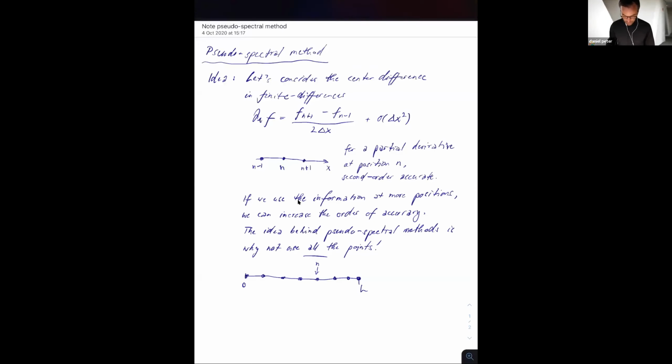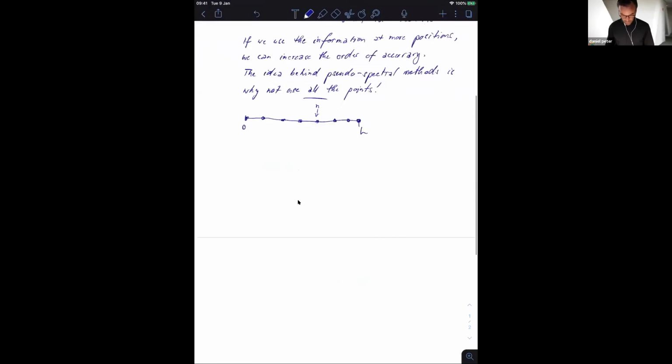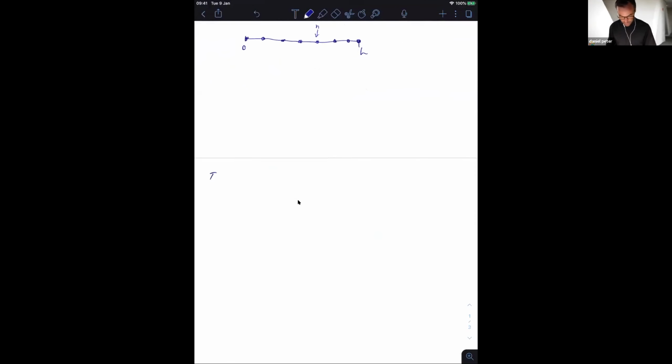Let me quickly remind you of that. So this is one of the major ingredients for the pseudo-spectral method, the way we present it here.